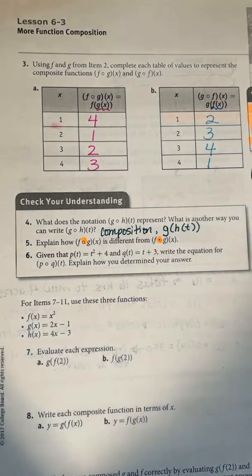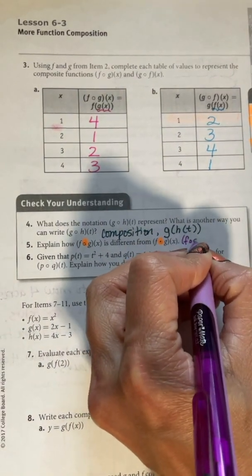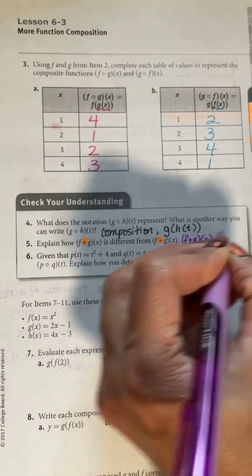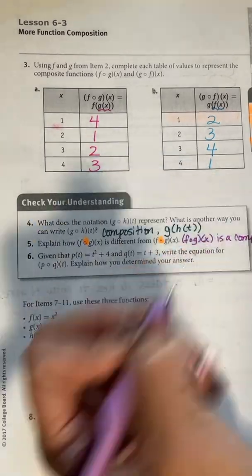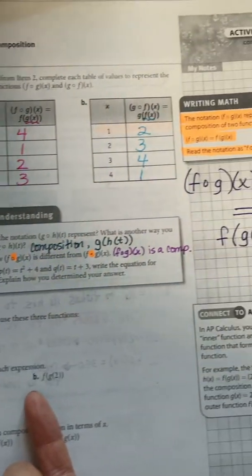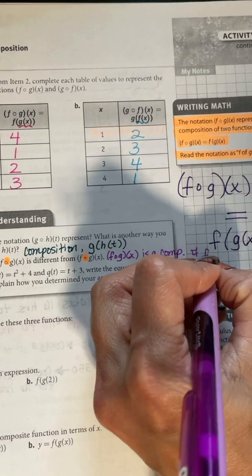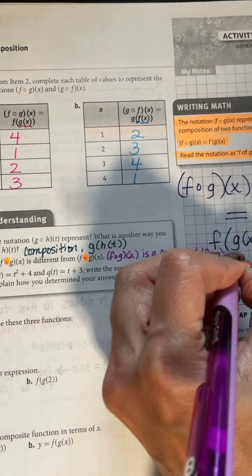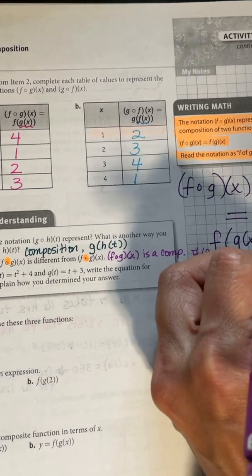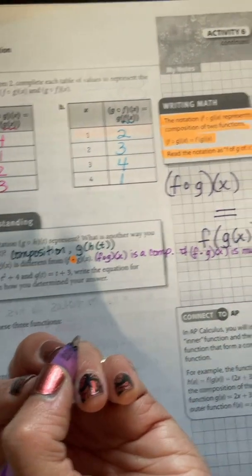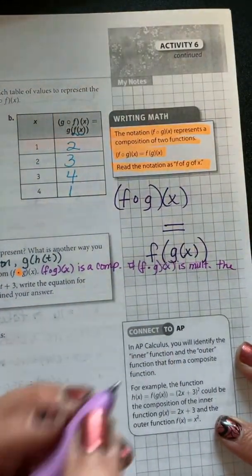So to write this up, we can say f of g of x is a composition. I'm just going to put comp to write it for short. And f times g of x is multiplying. I'm just going to put mult for multiplying the two functions.